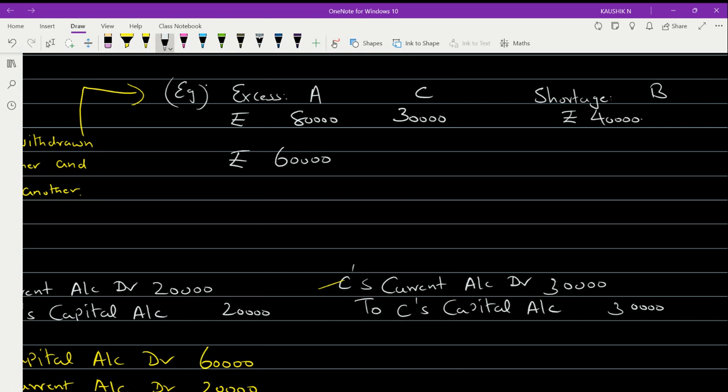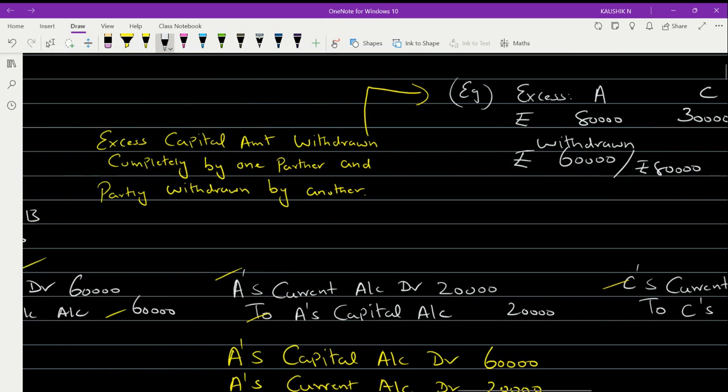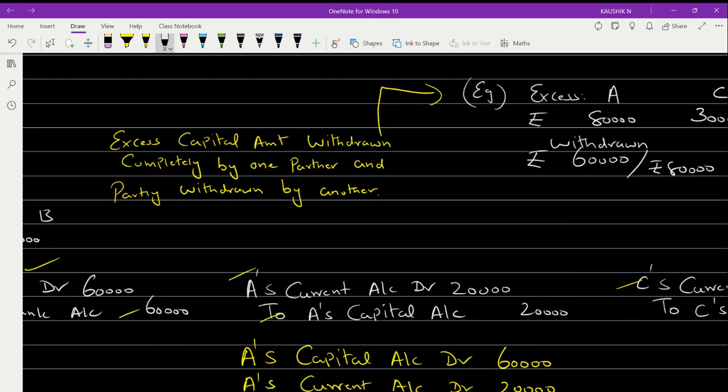Okay, A has withdrawn 60,000 out of rupees 80, whereas C has withdrawn rupees 30 out of rupees 30. Now you see under which category it falls? Excess capital amount withdrawn completely by one partner.